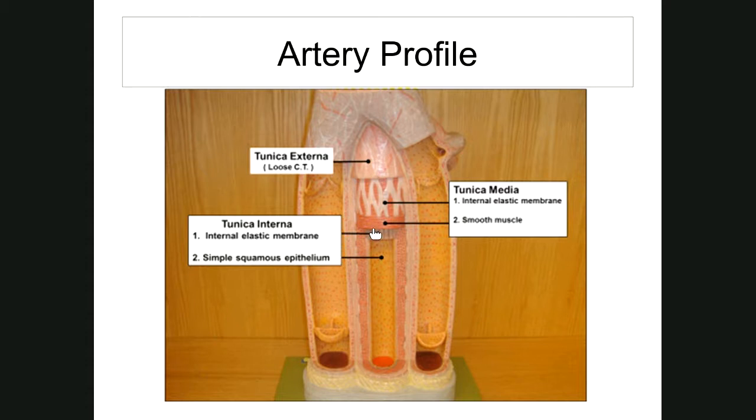Well, the tunica interna, that means internal tunic, the internal layer here, consists of two parts. You see it's labeled simple squamous epithelium. Well, that's the endothelium. So simple squamous epithelium is the endothelium.